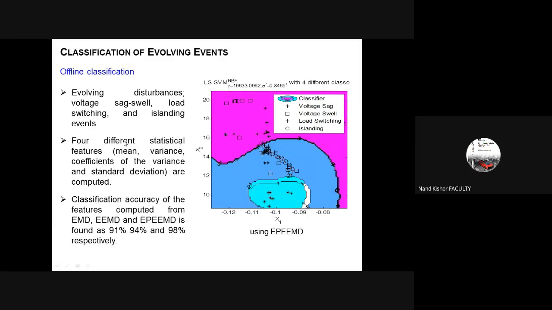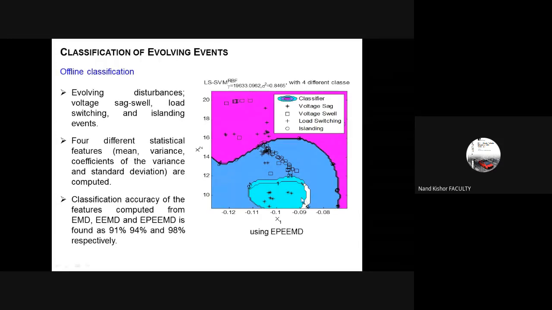Then we obtained the statistical features and did some classification performance, and you can see that energy preserving had the maximum accuracy for classification. However, EMD, the conventional one, was a little bit poorer here. And this is the case.